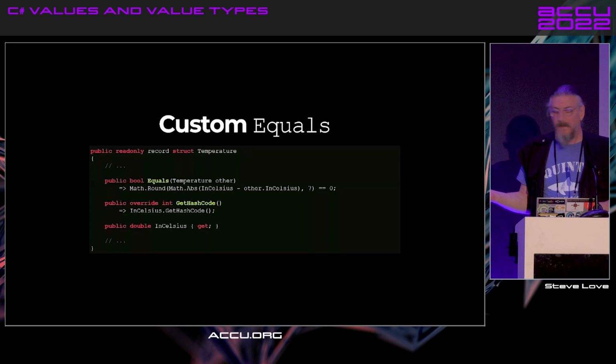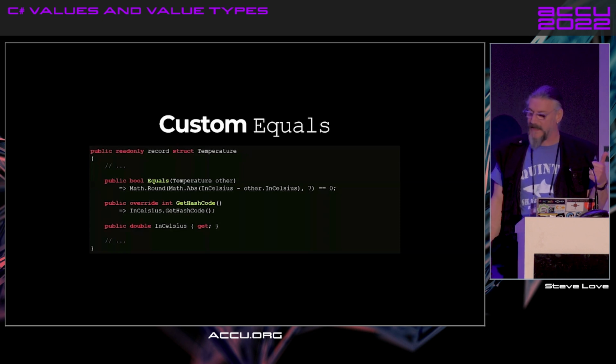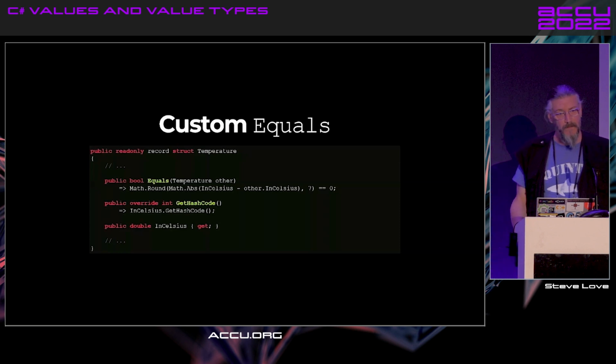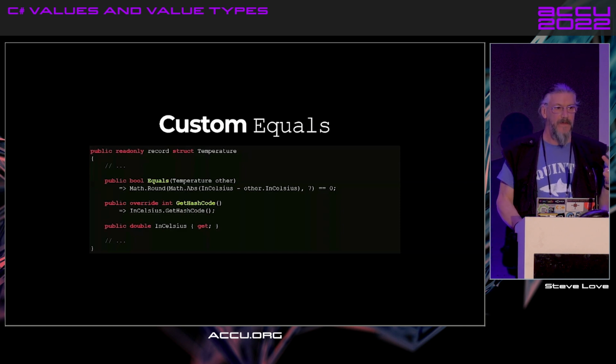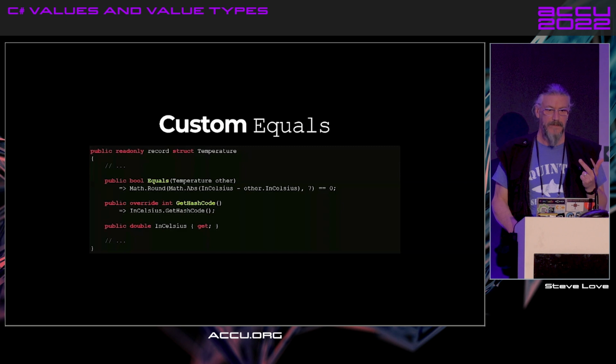But what we've now got, so we've got our own property called InCelsius, we've got our own equals method, we've got our own custom constructor. In fact, we've almost completely overridden everything that the compiler generated for us.